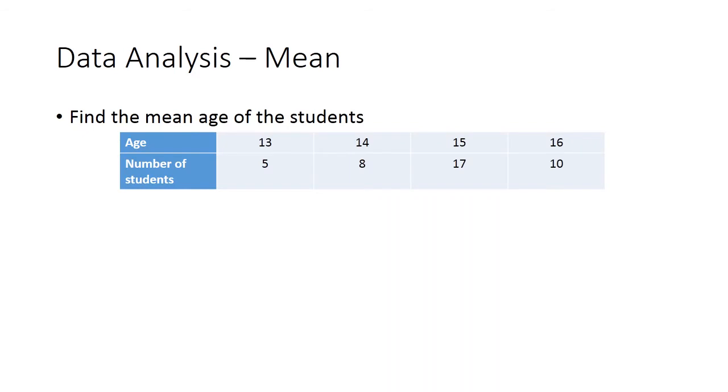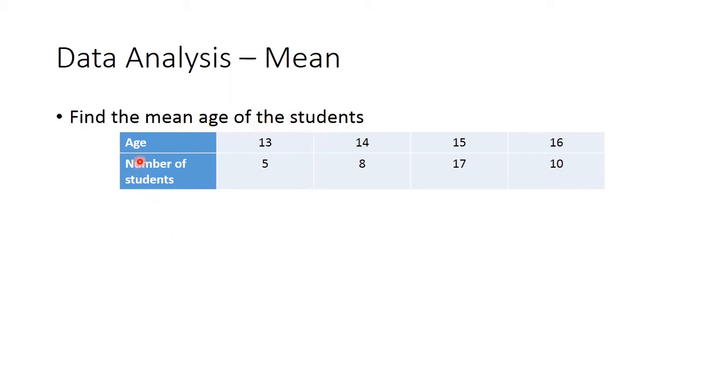Sometimes the question is not that direct. It doesn't give you the data set listed out, but it gives you a table. Here is a typical example. Find the mean age of the students.